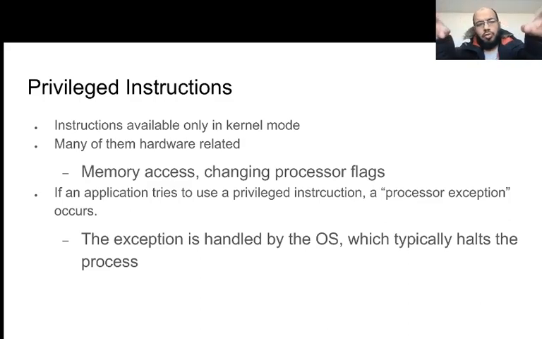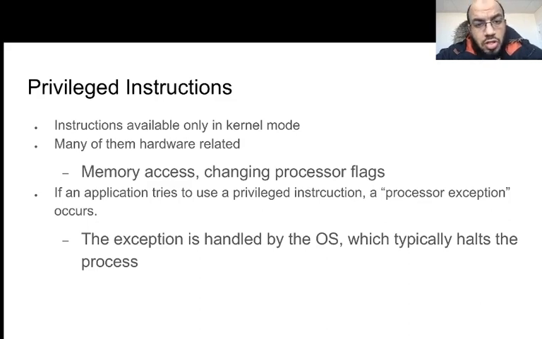You'll always have the kernel, the operating system, running, and you'll have the applications running on top of it. So hardware architects, along with operating systems people, came up with the idea that maybe we can have some instructions that are only available for the kernel to run. As an application, you cannot run these instructions. You can ask the kernel to run these instructions for you, and the kernel can decide yes or no.